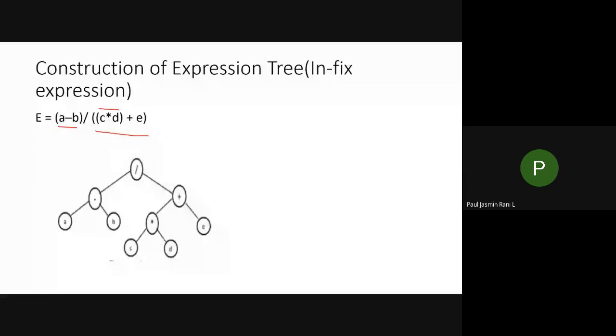Okay, so when you compare these two parentheses, let us consider this is your first parenthesis and this is your second parenthesis, that is the expression inside one bracket, and this is the expression inside the other bracket. Among these, which operator will you give preference to, either minus or plus or star? Which one will be executed first?